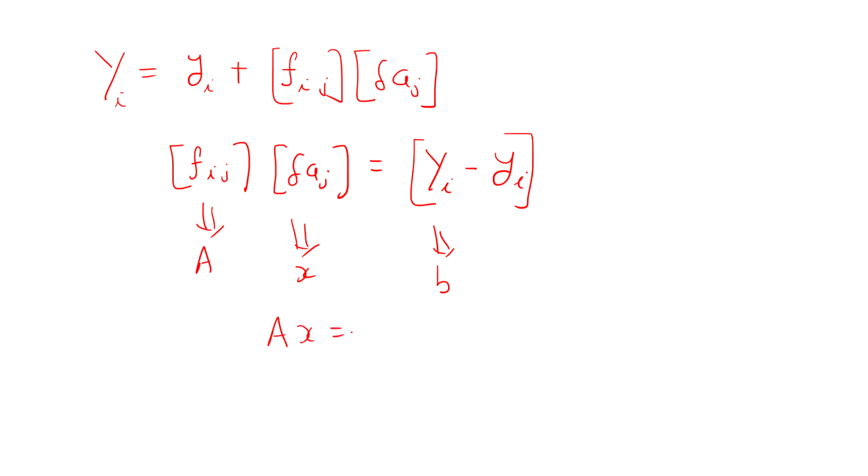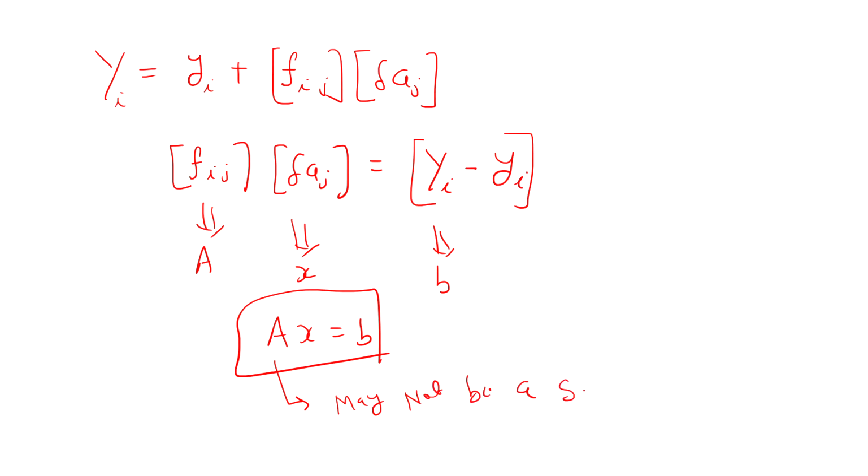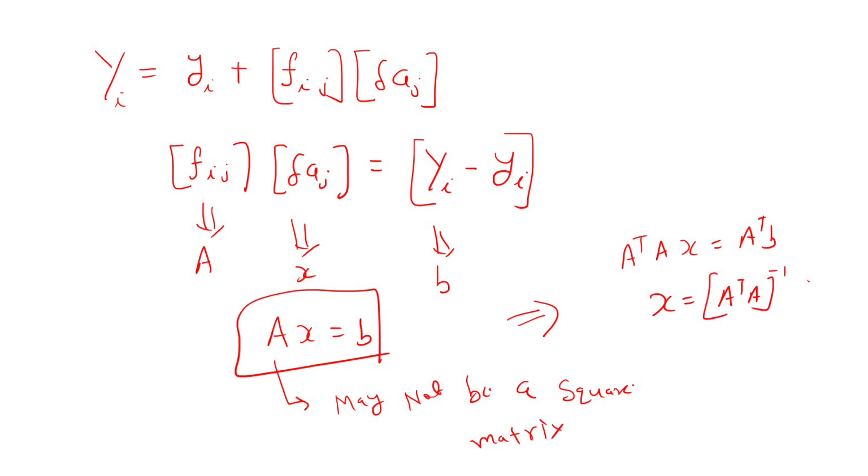So I have this Ax is equal to b system. But the problem is that, just like in linear regression, this matrix may not be a square matrix. So just like in linear regression, I will multiply this with A transpose and get the inverse. This will give me the solution delta aj.